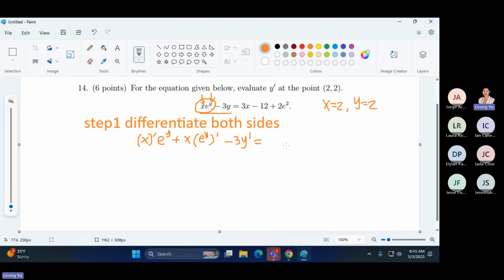The left side of the equation seems to have more variables. On the right side, you see there's 3x; the derivative of 3x equals 3. And then there's minus 12. 12 is a number, and the derivative of 12 is 0.